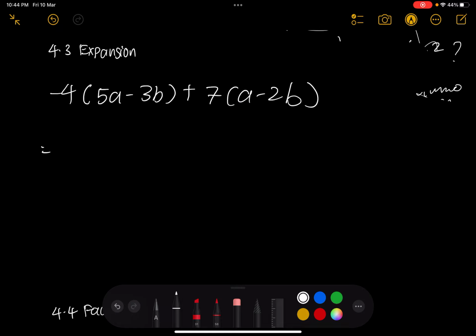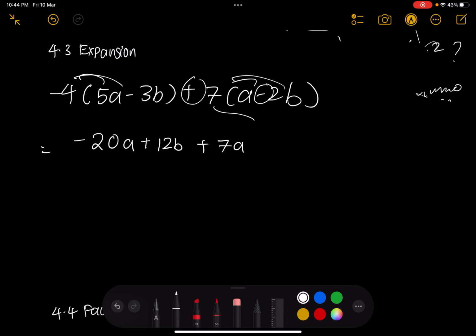Okay, now what do? Expand, very easy. Minus 4 times 5 is minus 20a. Okay? Now your minus become plus. 4 times 3 is 12. Then you have ab. Okay? Plus 7 times a is 7a. You have a minus and a plus here. So here is minus. Okay? 7 times 2b is minus 14b. Okay?